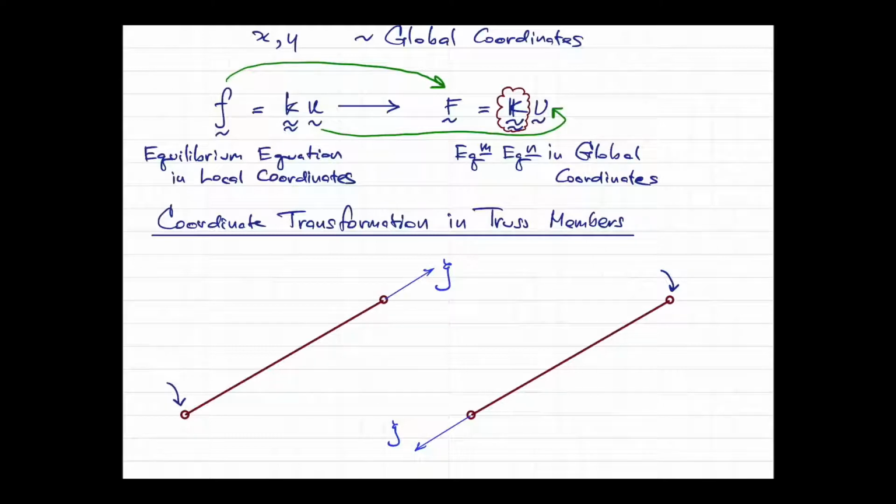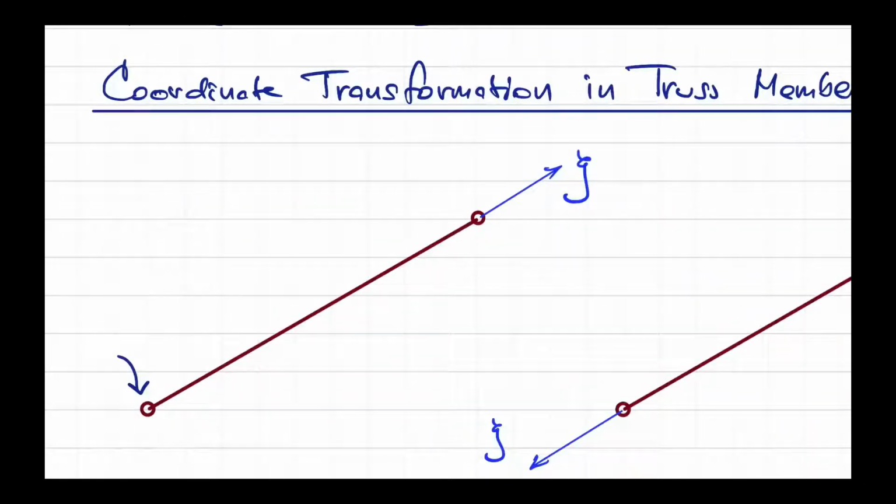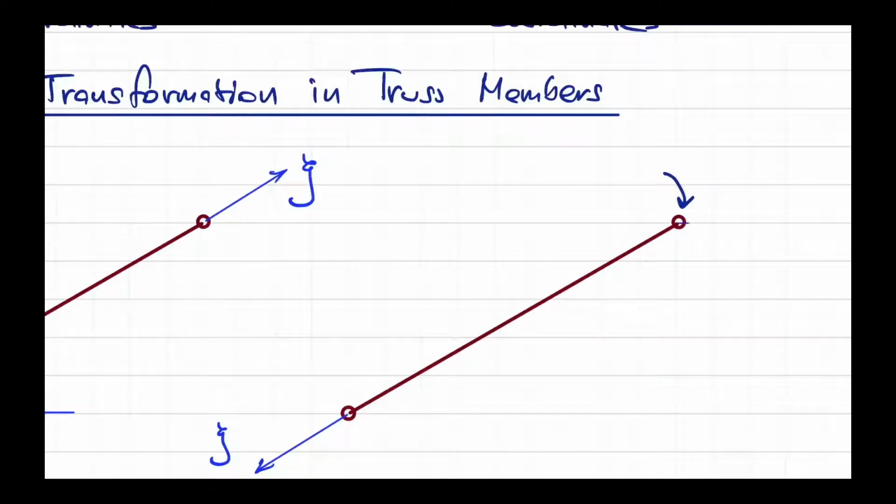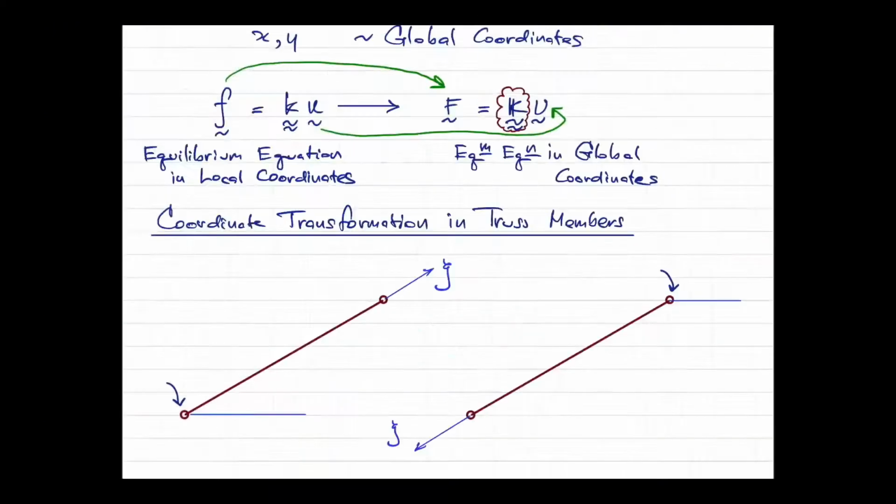Now, the way we calculate the orientation angle of the member will be different, because we set up the starting node differently.